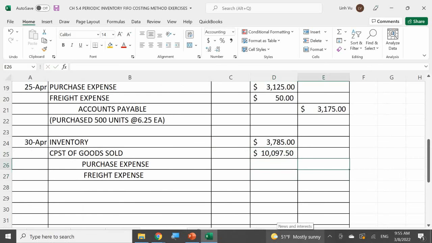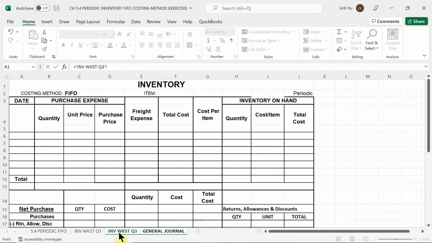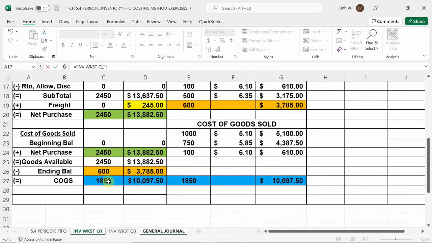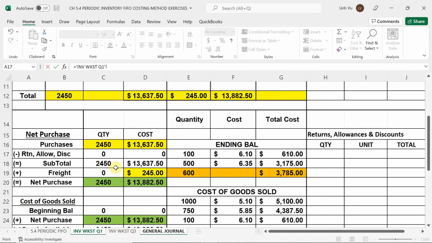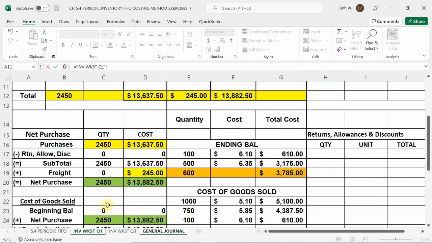Good. What was my total purchases? My purchase expense. In this case, I'm referring to the purchase price. 13,882. Is that what it is? That's including freight. That's your total cost. Okay, the 13,637. Yes.